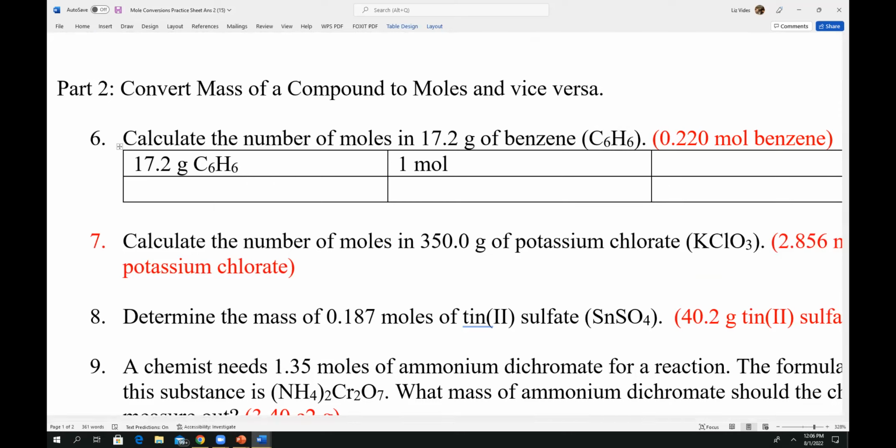This is why we needed molar mass, you see? So now we know that 6 times 12.01 plus 6 times 1.01. And that gives us 78.12.